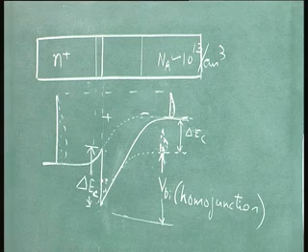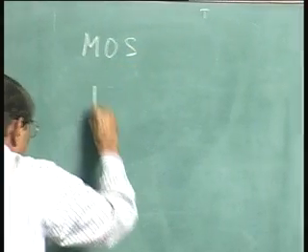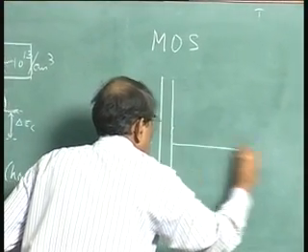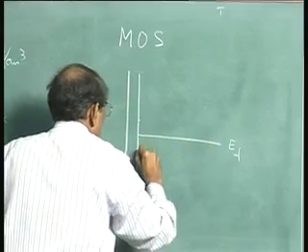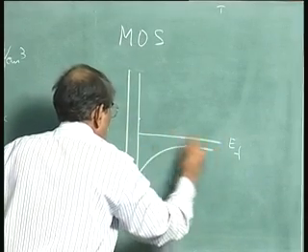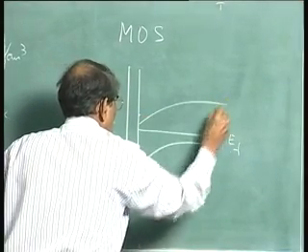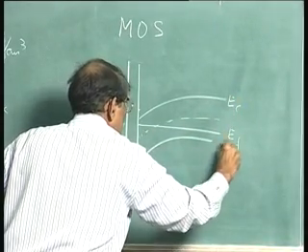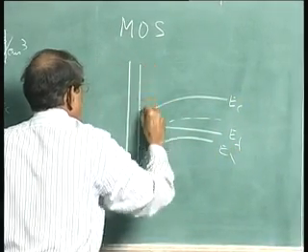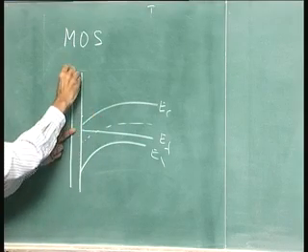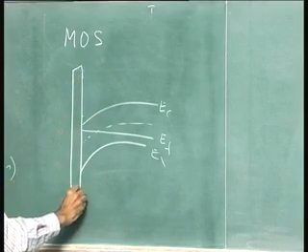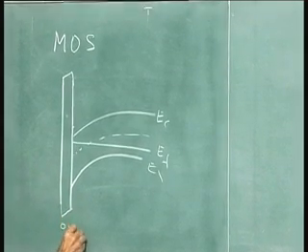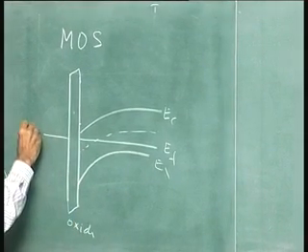so MOS, P type, if you take Fermi level, intrinsic, plus minus plus minus. This is the oxide, and of course, this is the metal.